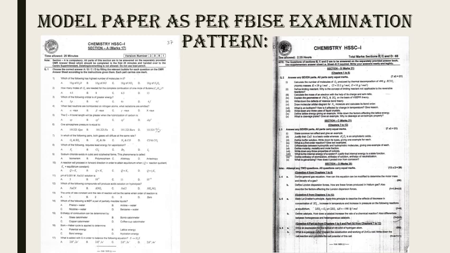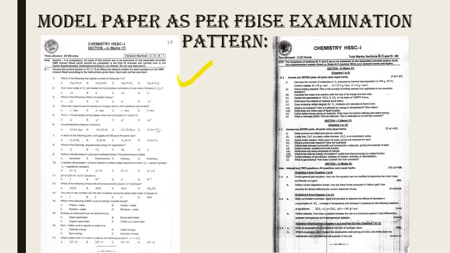This is a model paper prescribed by the FBISE examination for HSSC Part 1. You can see it has 2 parts. The first paper has Section A with the 17 MCQs.